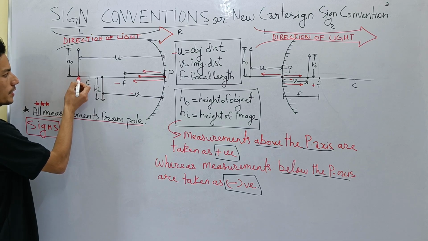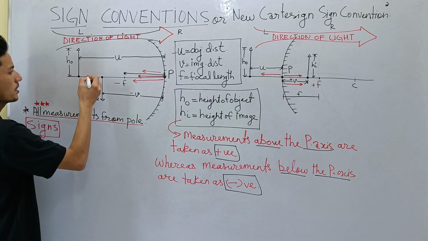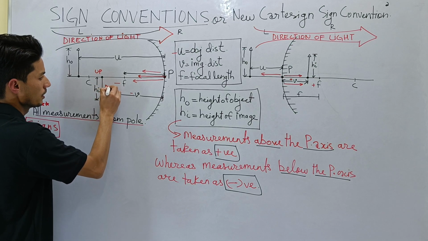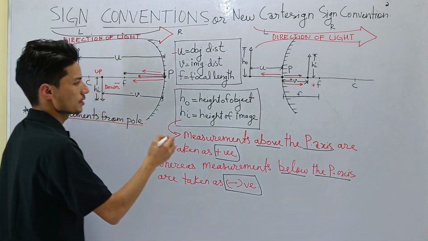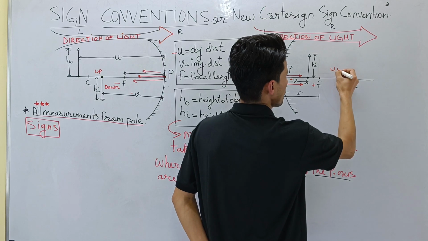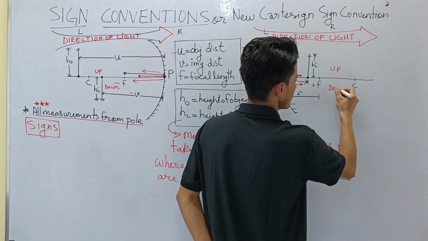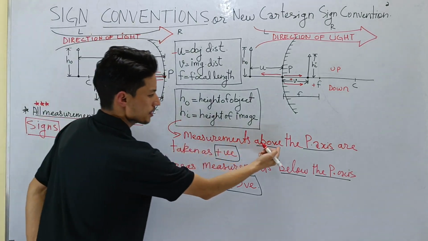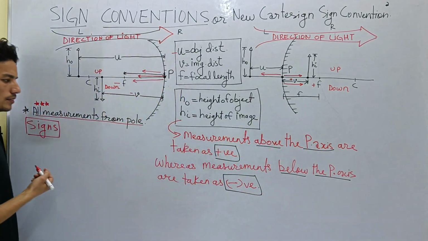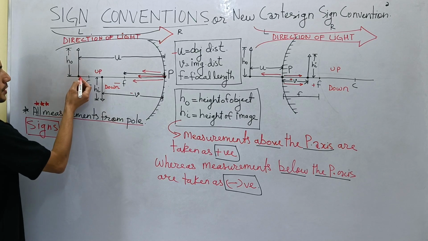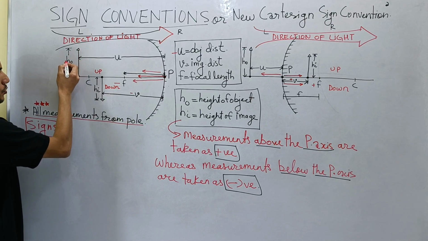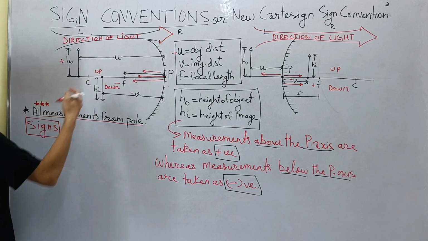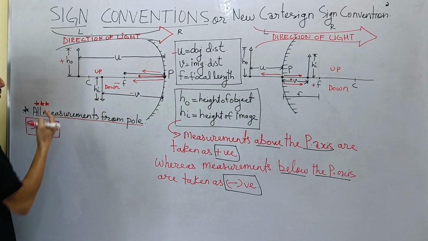The object is standing above the principal axis. This side is the up side and this side is the down side. So measurements above the principal axis are taken as positive. The object is above the principal axis, so HO will be positive. Got it?